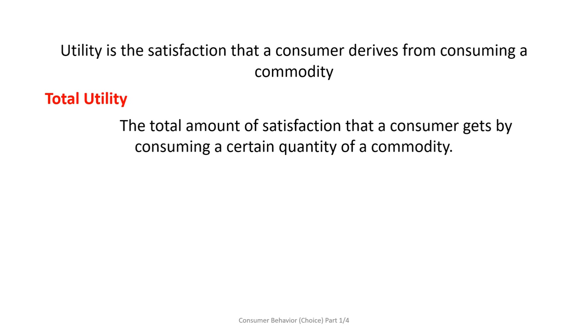So, the total utility is the total amount of satisfaction that a consumer gets by consuming a certain quantity of a commodity. For example, if you ate 3 bananas at breakfast, then the sum of the utility that you derived from the first, second and third banana is the total utility of consuming 3 bananas.